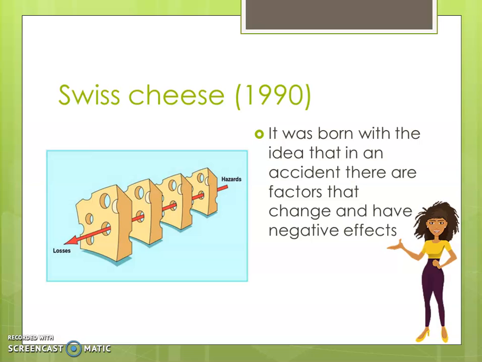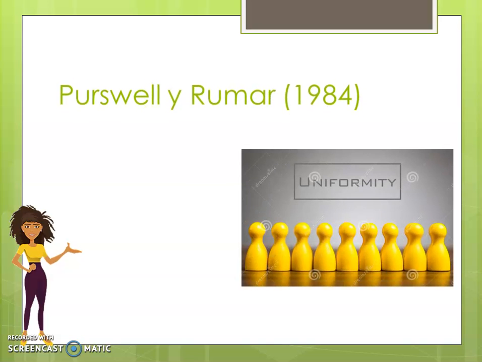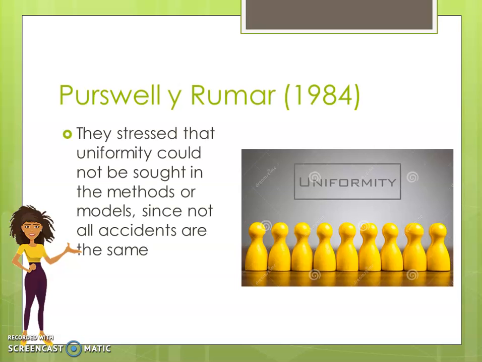But it was a highly criticized model because it did not have totally clear definitions, though it showed that accidents have a causal complexity. Perrow and Rasmussen pointed out that there is no universally accepted model and that creating one is a risk because uniformity would not fit all the varieties of accidents.